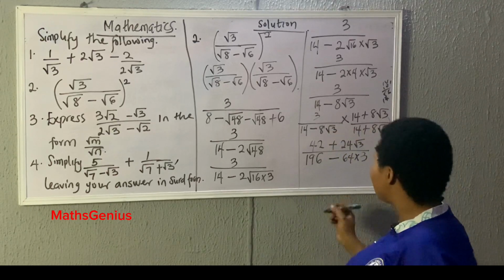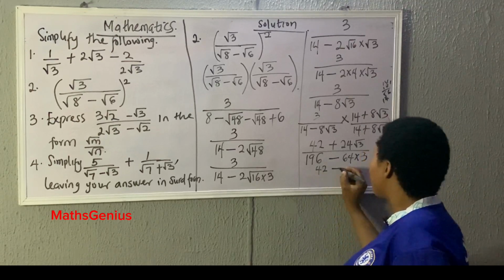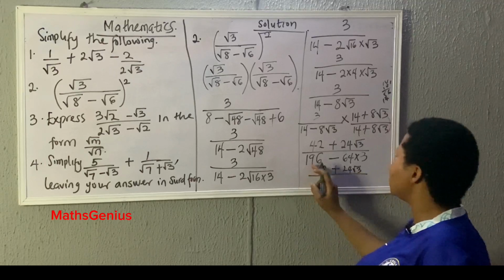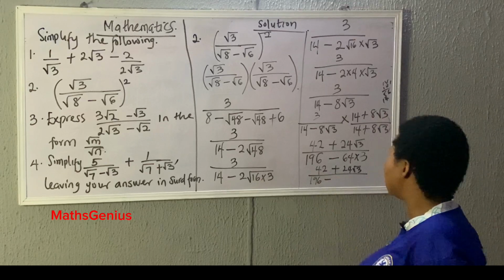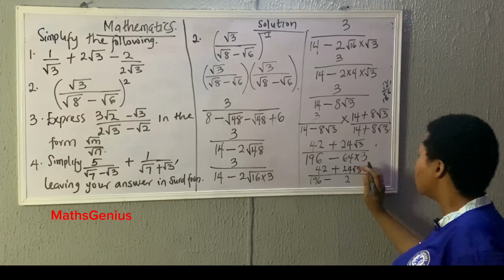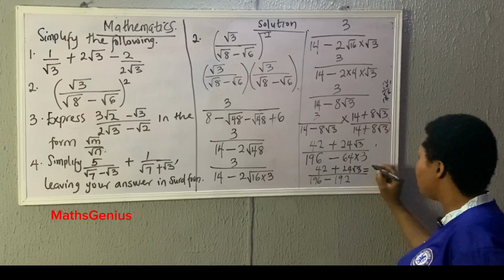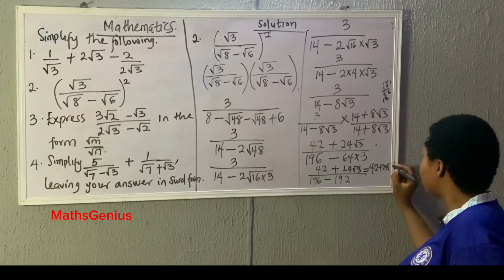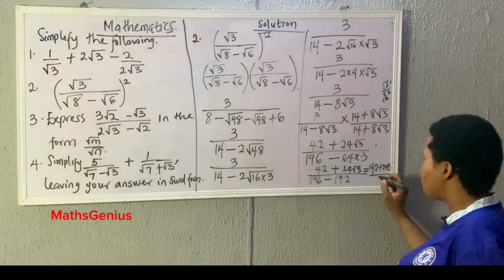So now, writing our final answer, we have 42 plus 24 root 3 over 196 minus 64 times 3. 64 times 3: 3 times 4 will give us 12, keep 1, 3 times 6 will give us 18 plus 1, 19. So finally, we have 42 plus 24 root 3 over 196 minus 192, which will give us 4.